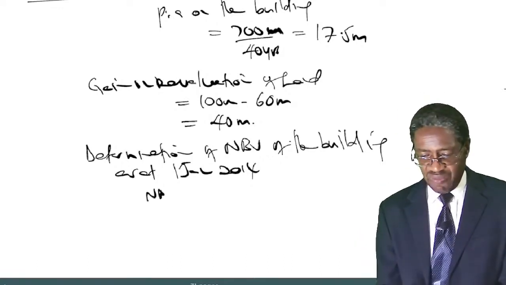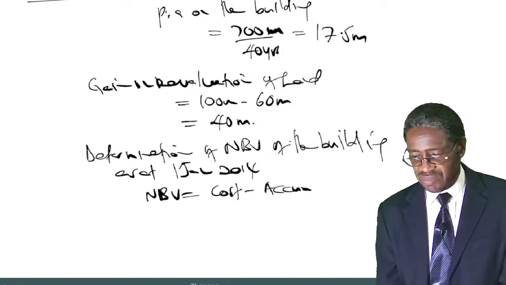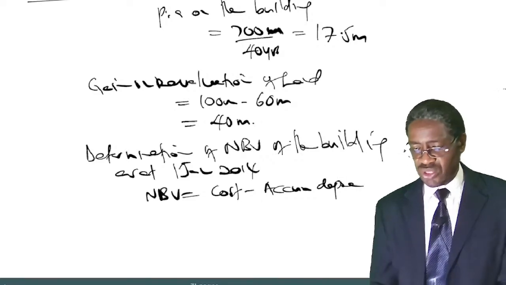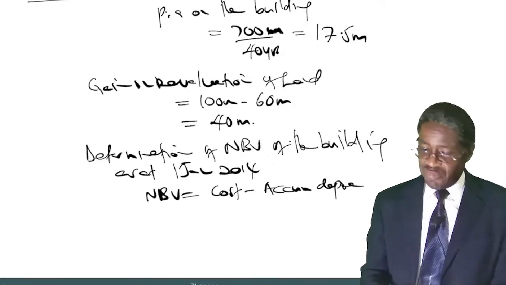We are saying net book value, we know it's cost minus accumulated what? Depreciation. Cost minus accumulated depreciation.